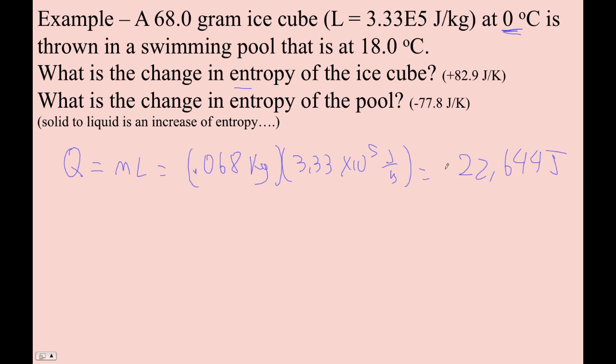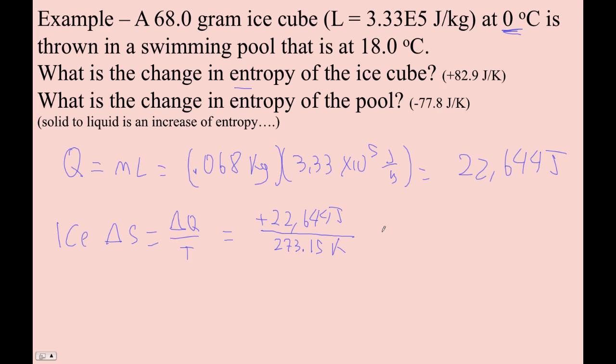Okay. And for the ice, it gains that heat, right? For the ice, the change in entropy is Q over the absolute temperature, right? In this case, it gains that heat, 22,644 joules, and for the ice it's at 273.15 kelvins.